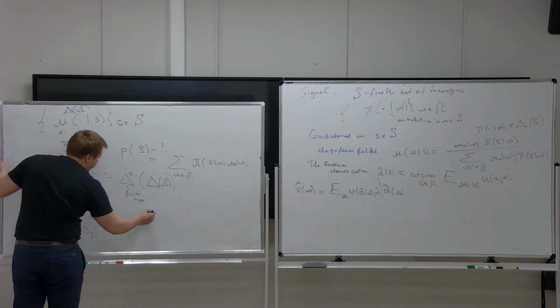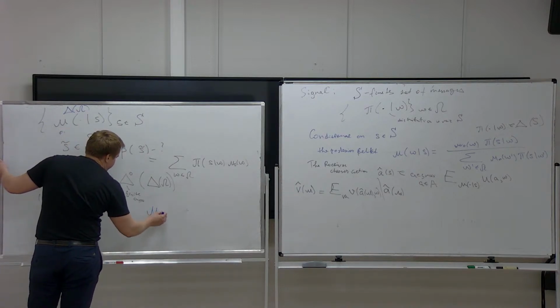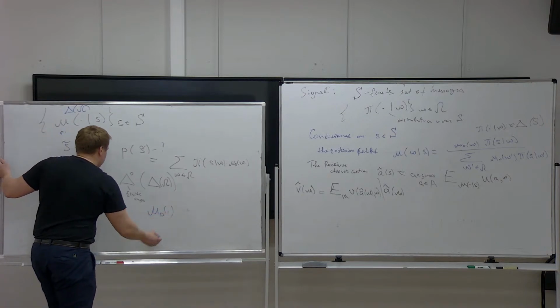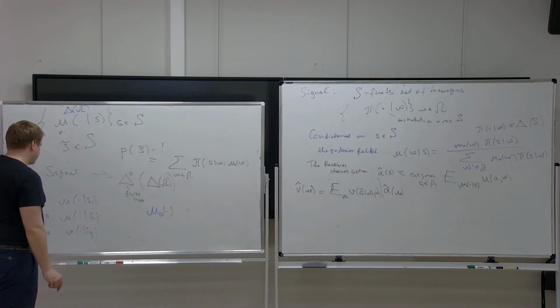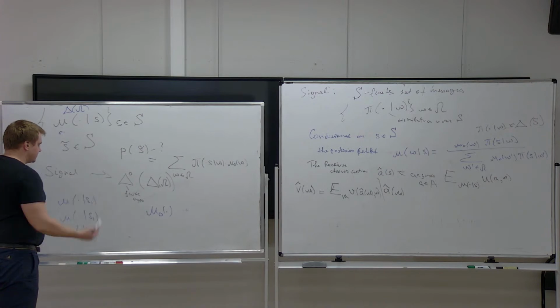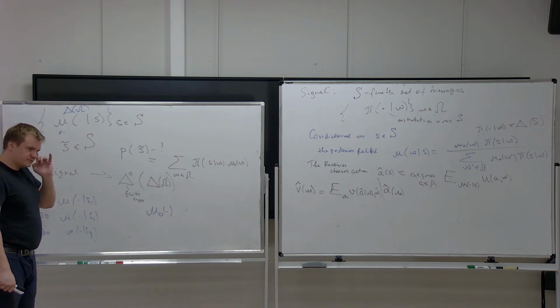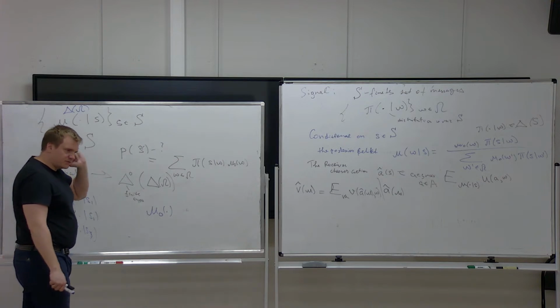And I was told that the prior distribution is mu 0. Is there any correspondence? It has to be, right? What is this correspondence?